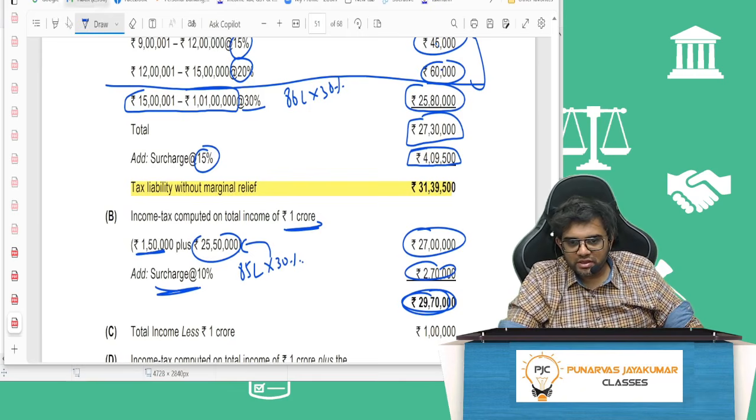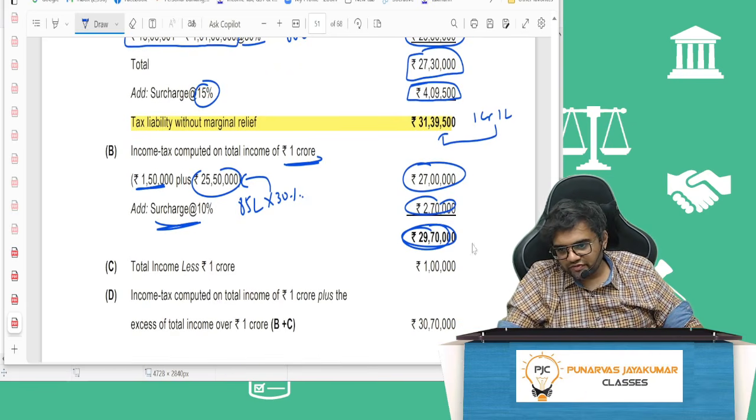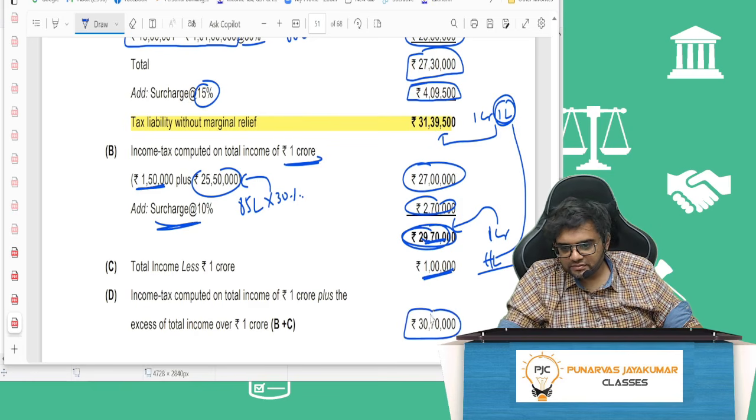If I earn 1 crore 1 lakh, I'll have to pay this much. But if I am just earning 1 CR, I'll have to pay this much. I will tell Nirmala madam, you please keep this 1 lakh extra, you only keep, I don't want. So this will become 29 lakh 70 plus 1 lakh, 30 lakh 70. 30 lakh 70 is better than paying 31 lakh 39,500.